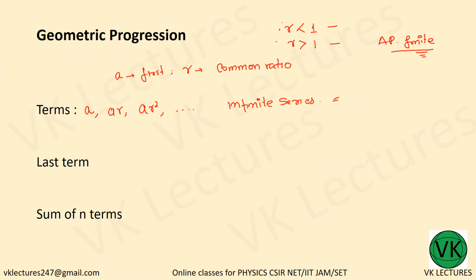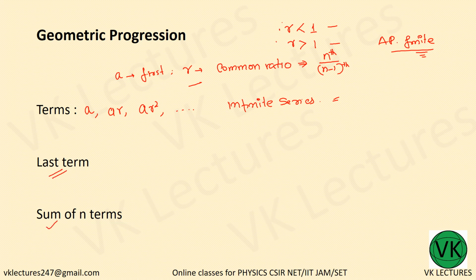Now what is this common ratio? Common ratio is nothing but the nth term divided by the (n minus 1)th term. This gives the common ratio. Now how will you write the sum? Here you don't need the last term.